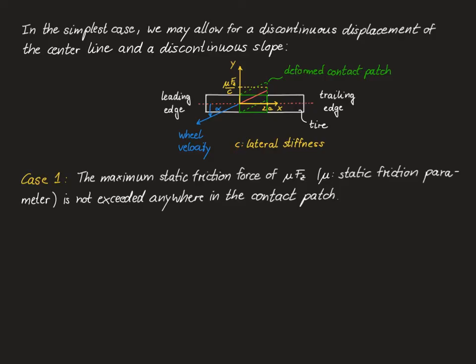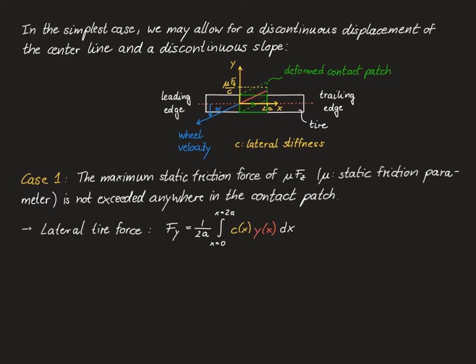If C now represents the lateral stiffness of the tire, the assumption of a small slip angle alpha amounts to the condition that over the length of the contact patch, the lateral displacement is nowhere larger than the quantity mu times Fz divided by C. Note that we have defined the length of the contact patch to be equal to 2a, so the center point of the contact patch is at the coordinate x equal to a.